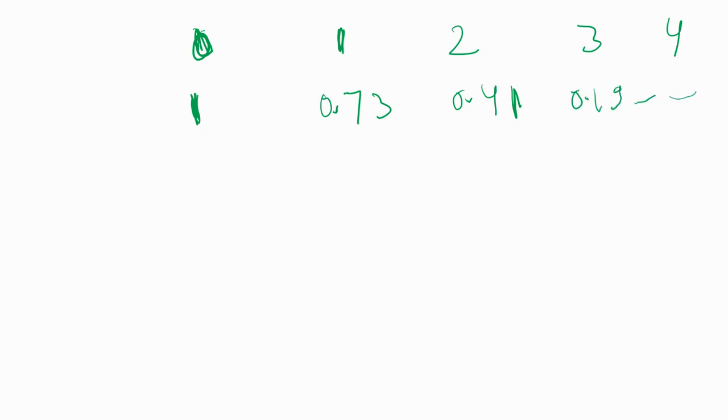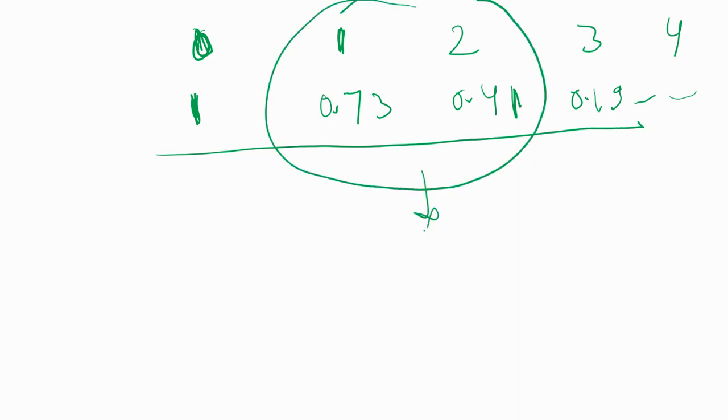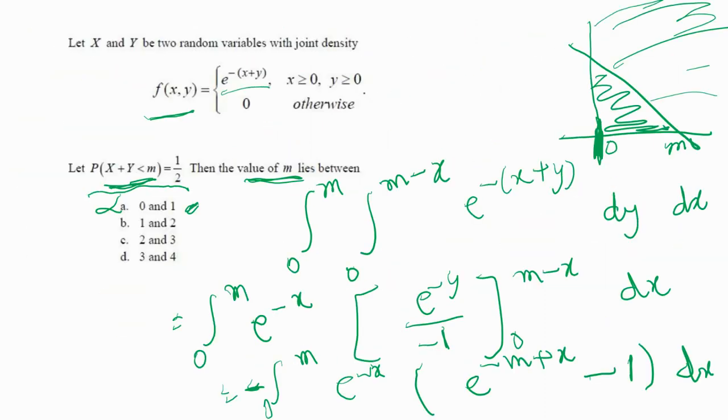So it is basically decreasing. This is the range where the value is half will come. So the range will be in between 1 and 2. So this one will be the answer.